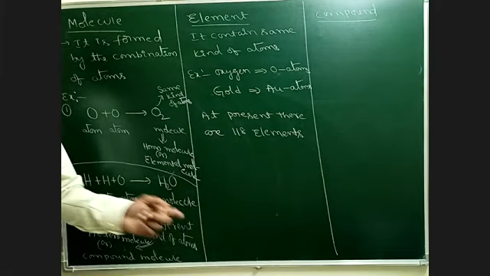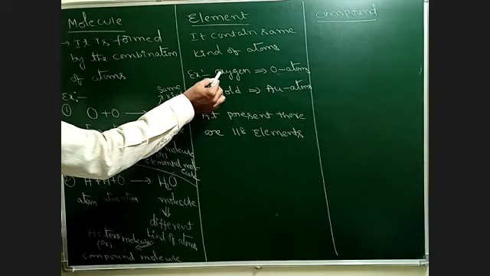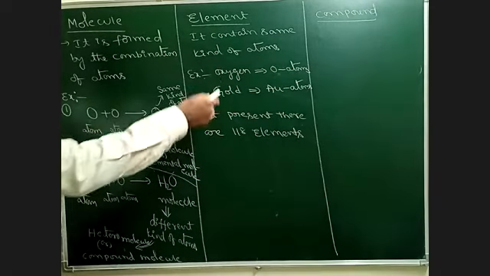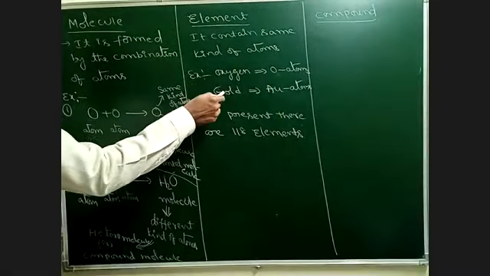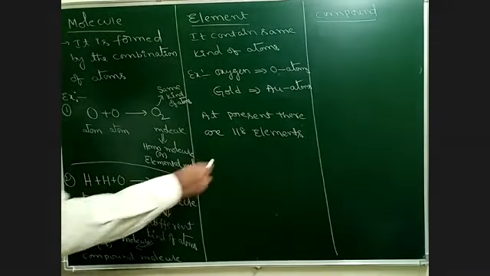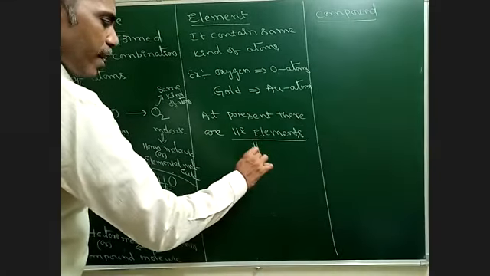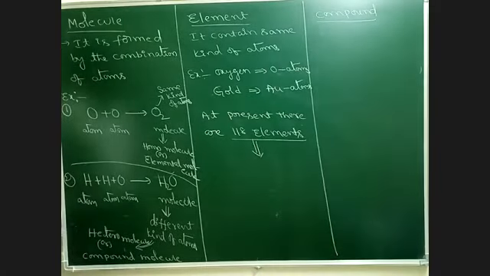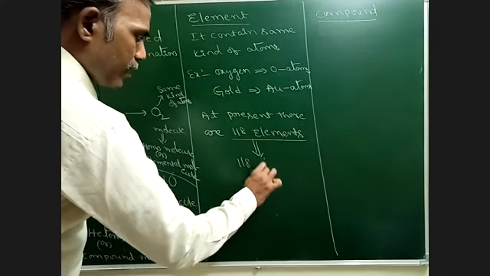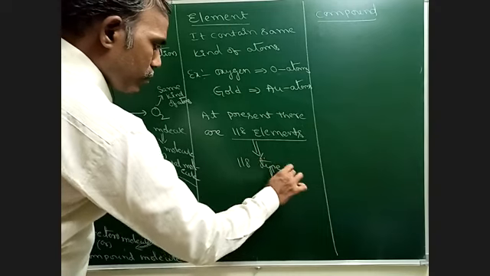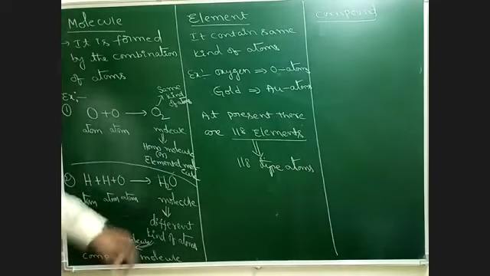So as you know, different elements have different atoms. You see, oxygen atom, gold atom. Like this, there are 118. If there are 118 elements, then how many types of atoms will be there? 118 types of atoms.